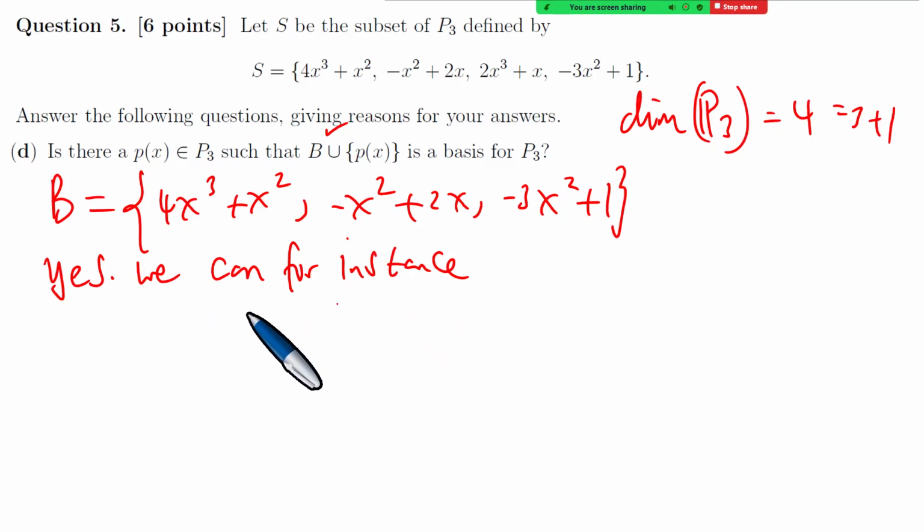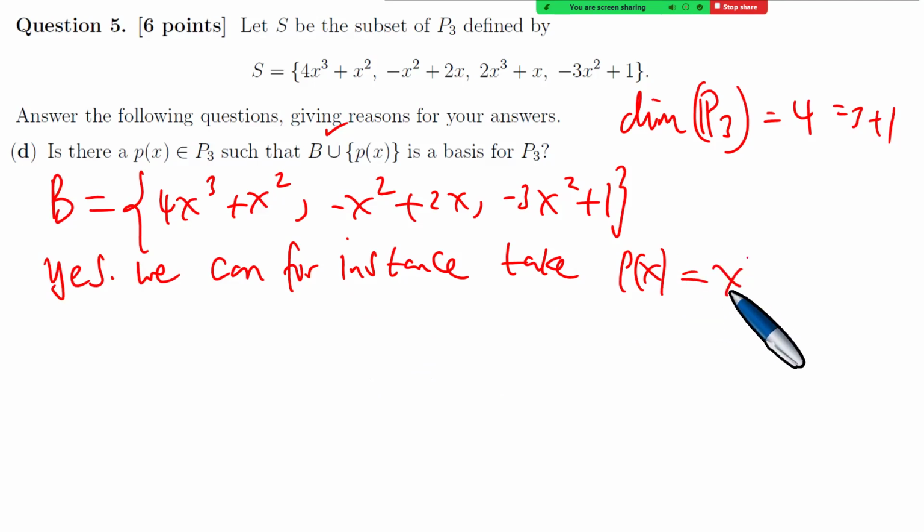So yes, we can, for instance, take P of X to be X cubed together with X squared.